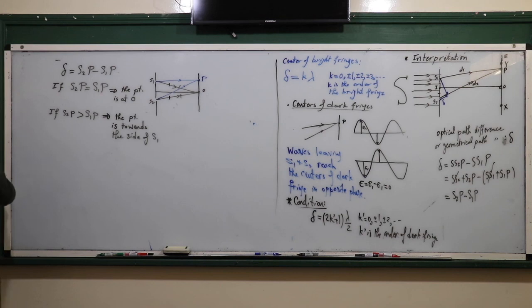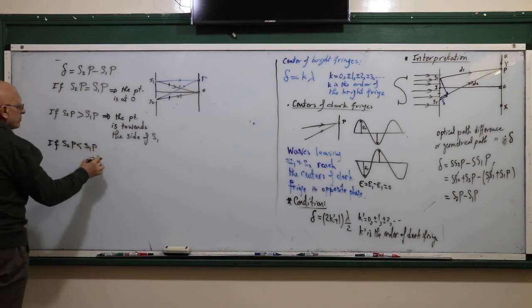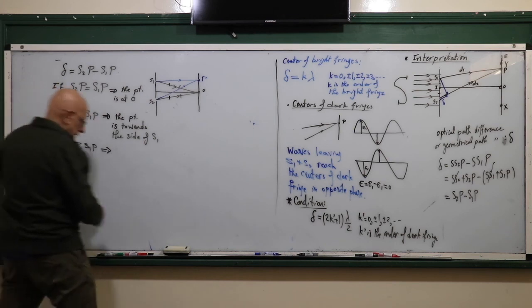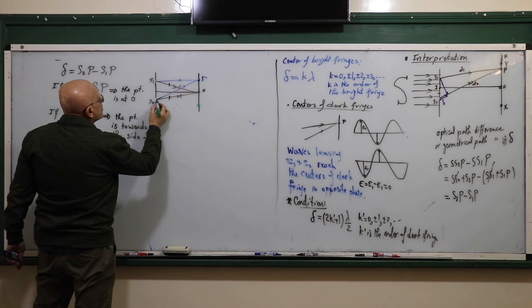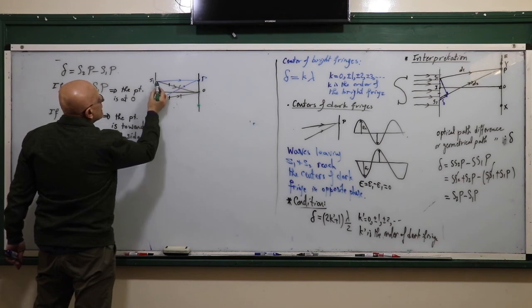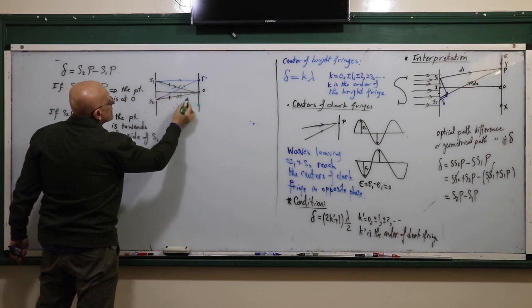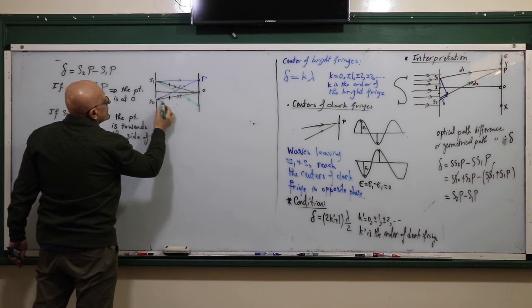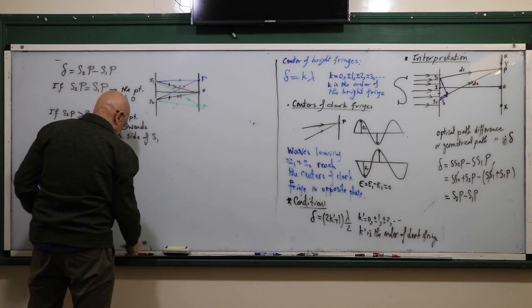Also, the last case, if S2P smaller than S1P, this is P, S2P smaller, for this to be smaller than S1P, this means it will be below O, and this is where P will be.